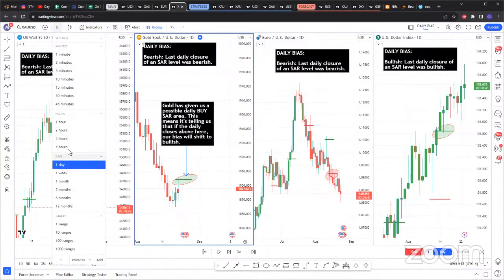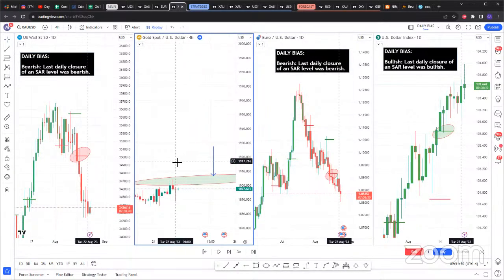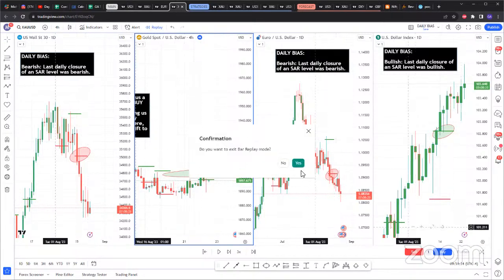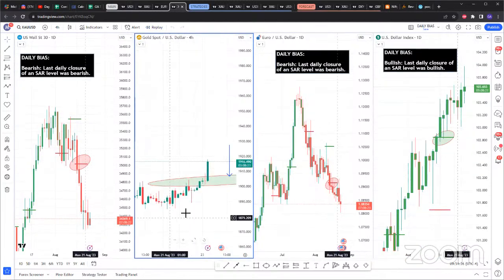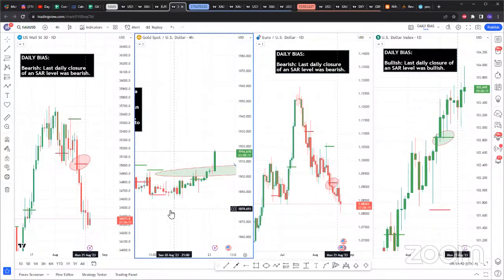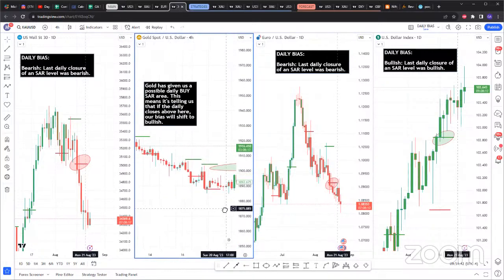So here, if we went to the 4-hour time frame, what do we see? And keep in mind, you have to backtest this. You just don't want to find something that's aligning to what you're doing. So here on the 4-hour time frame, let me just close out the whole replay. Let's just backtest, right?